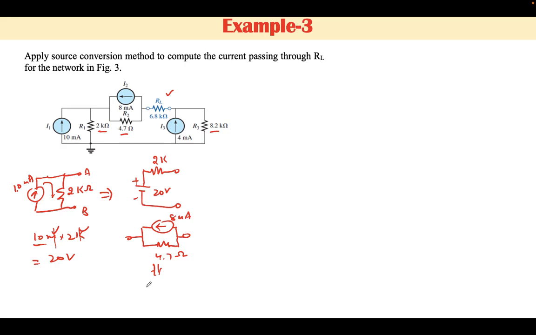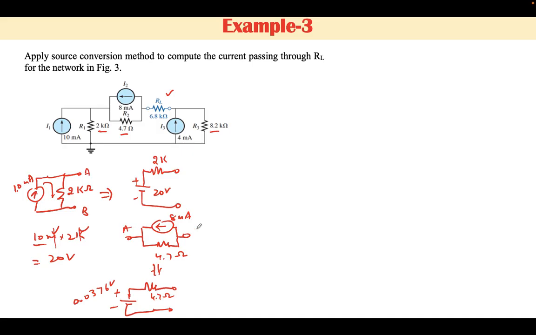While converting, this is plus, this is minus, and the voltage across this element will be given as the product of these two, which is equal to 0.0376 volt, and the resistance will remain the same, that is 4.7 ohm across terminal A and B.